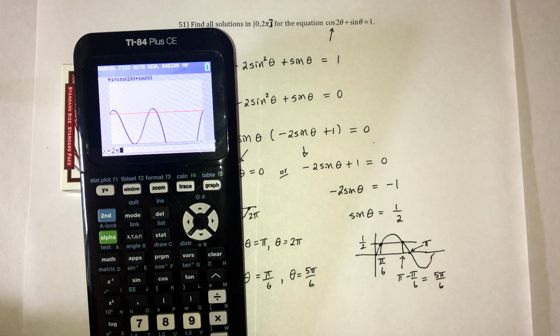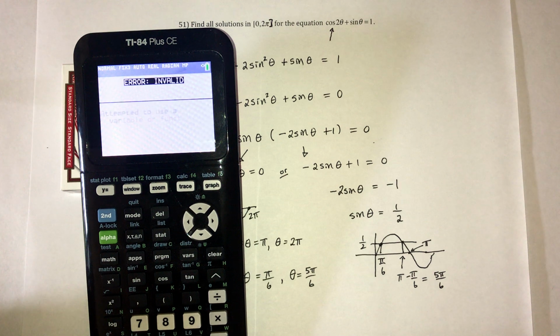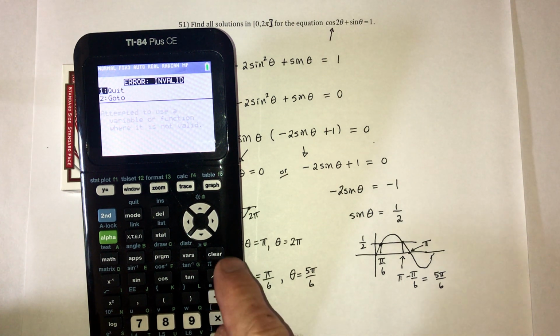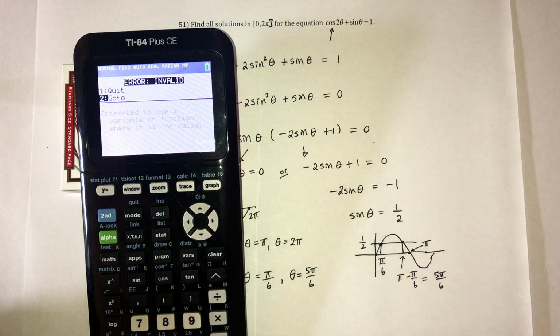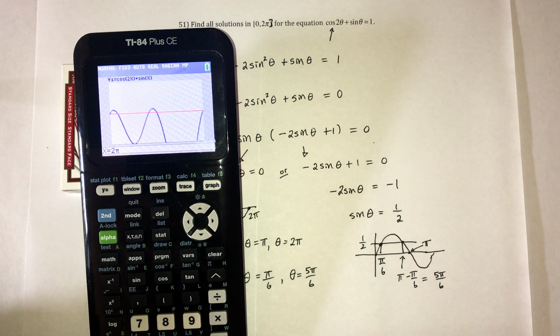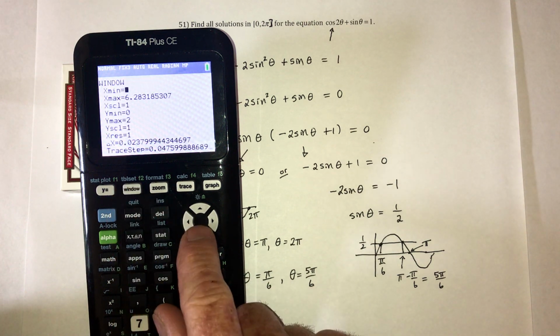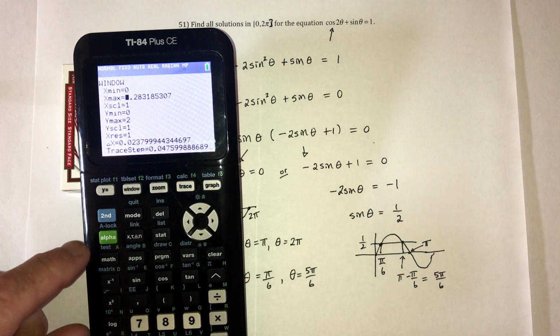Now I pause right now because sometimes when I type in 2 pi it works and sometimes it doesn't. I'm curious to see what happens this time. Oh good, I'm glad this happened so I could show you what happened. So put goto. It says it does not like 2 pi. The reason is when I did the window, this is going from 0 to 2 pi.